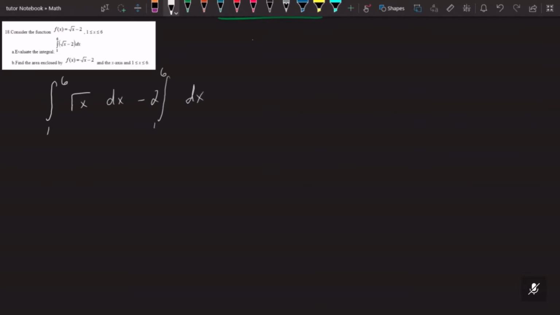And of course the 2 will just be a coefficient, so we don't even need to write that inside the integral. So now when we integrate both of these functions, root x is easier to integrate if we rewrite it as x to the 1/2.